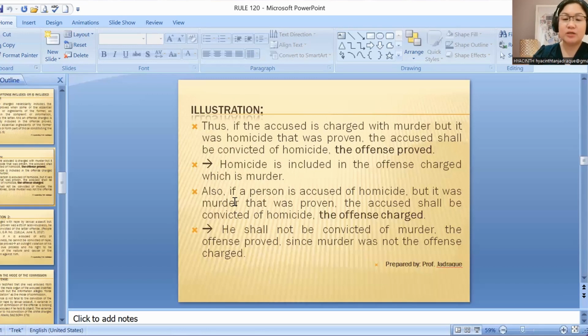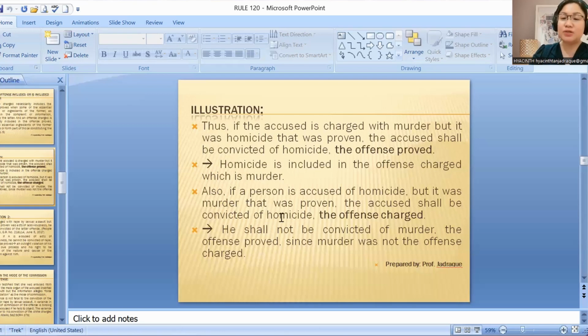Remember that in the earlier discussions, you learned that all these aggravating circumstances have to be stated in the information and proven during trial. Now, if it was not stated in the information, even if proven during trial, that cannot be taken against the accused.